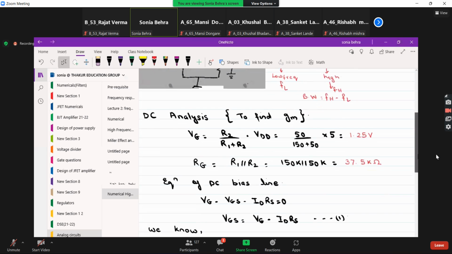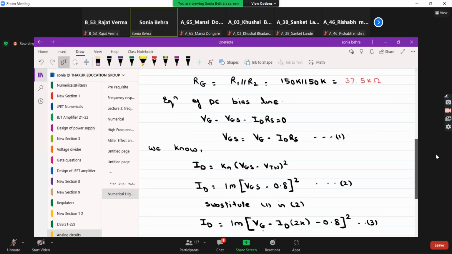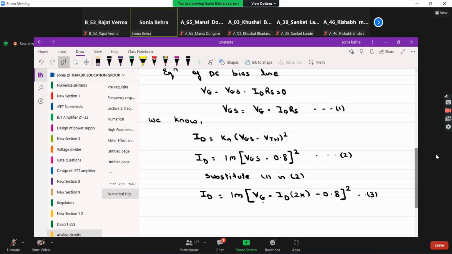If you're done with this, now come to your equation 2. Come to your equation 3. In equation 3 you put your VG value. ID is equal to 1 milliamps. VG is 1.25 minus ID 2K minus 0.8 the whole square.